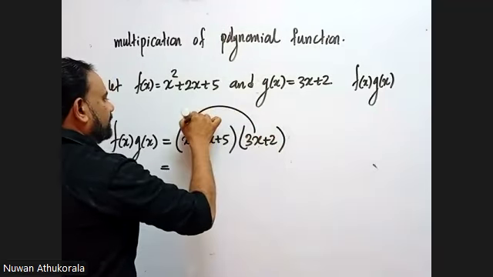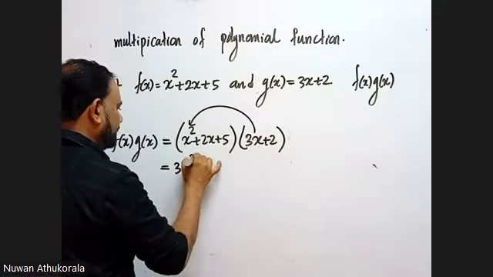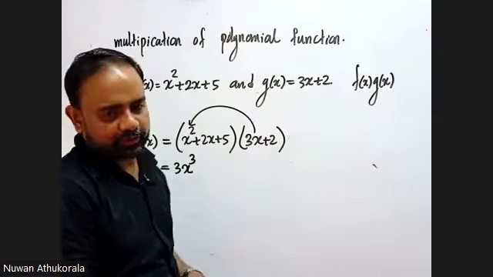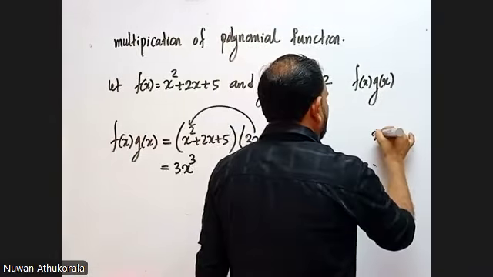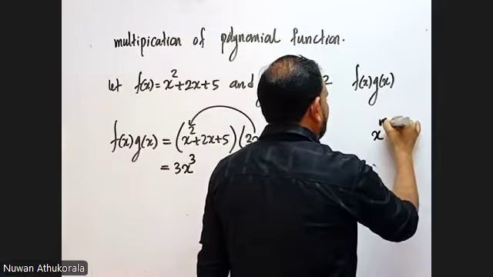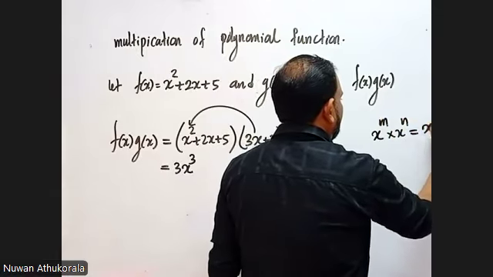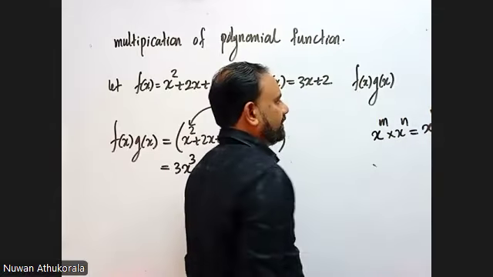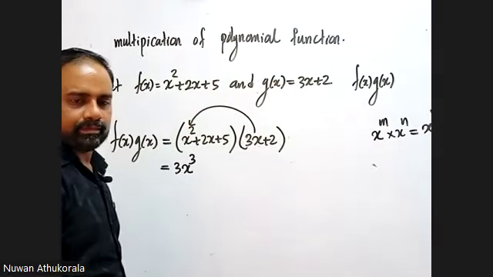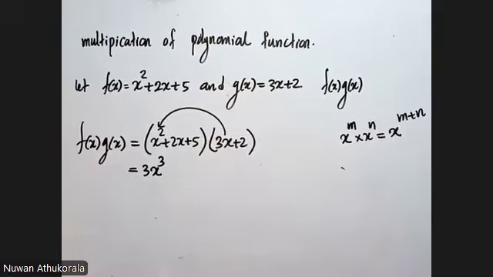3x into x squared become 3 into x to the power 3. I think you know the law of indices, right? If you are multiplying x to the power m into x to the power n, we have to add the m and n. The answer is x to the power m plus n, right?